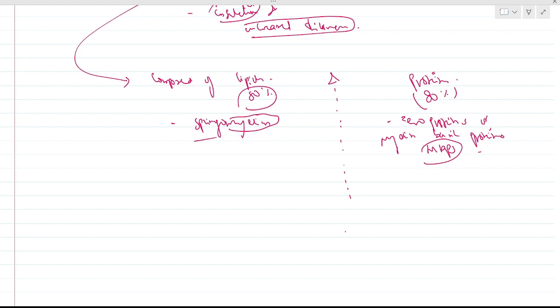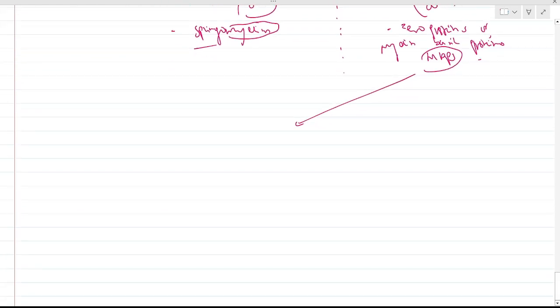Okay, now this myelin basic protein, the zero protein, has a characteristic feature: it is easily damaged by autoantibodies.